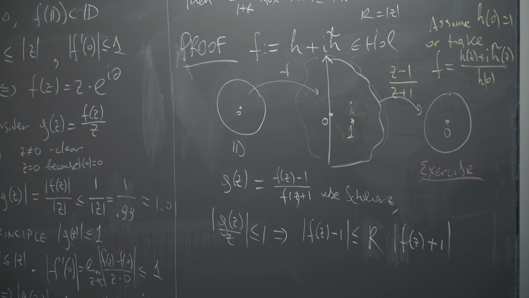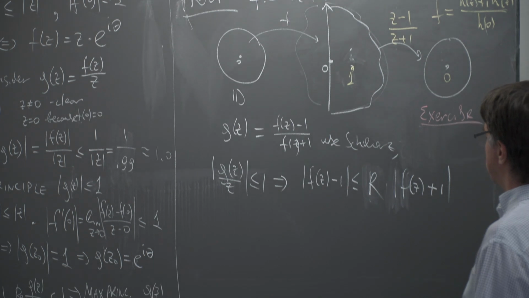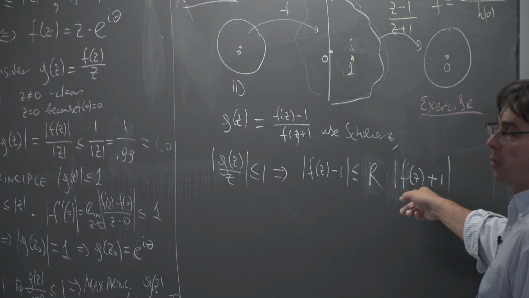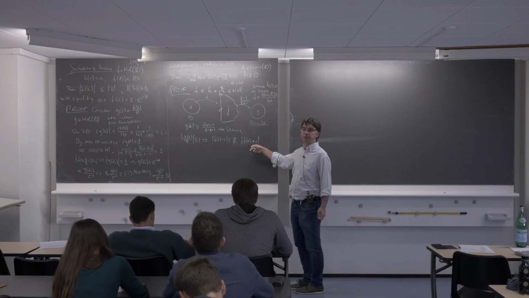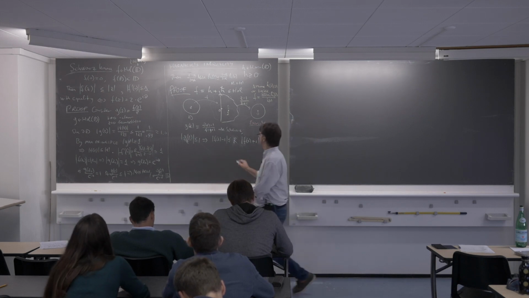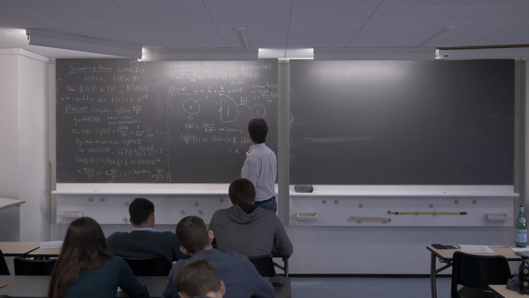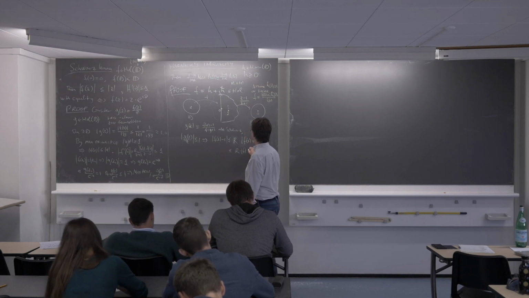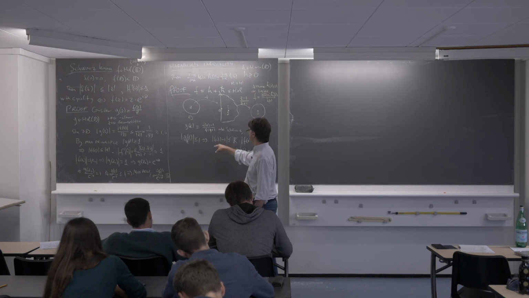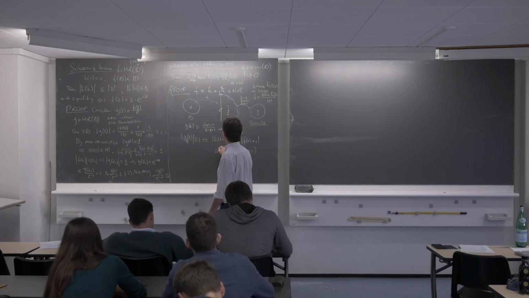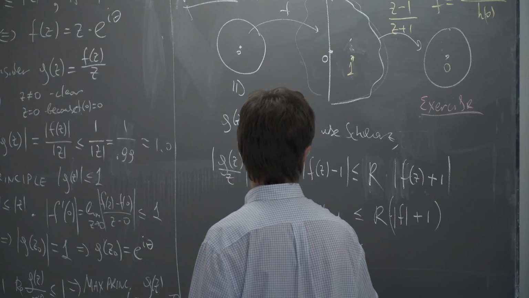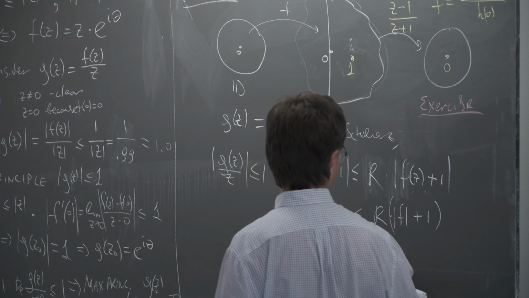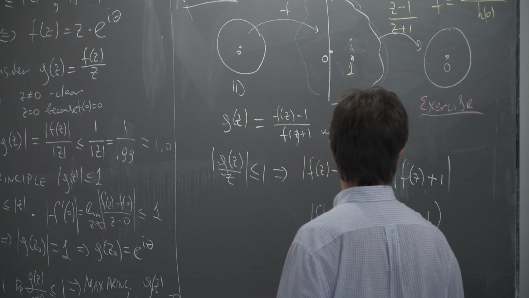Now it's just a question of triangle inequalities. How do you estimate this from above? The absolute value of a plus b is no more than the absolute value of a plus the absolute value of b. So you get no more than r times the absolute value of f plus 1. And below, the triangle inequality can be written in two forms: the absolute value of f minus 1, or you can also write that it's at least 1 minus the absolute value of f. There are two ways to write it down.